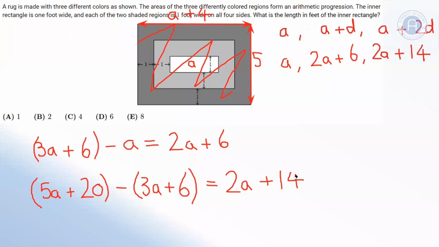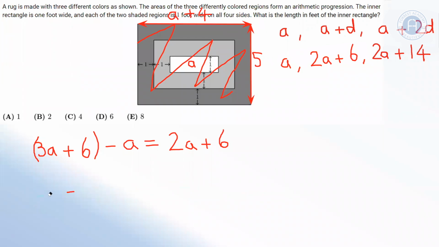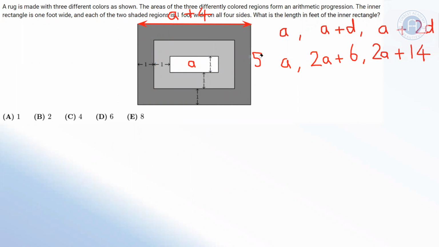So if we're looking at this, because it's an arithmetic sequence, we know there needs to be a common difference. It needs to increase by that common difference each time. So the first time we've increased by D, and we've also increased by A plus 6. So therefore we know that D must equal A plus 6.